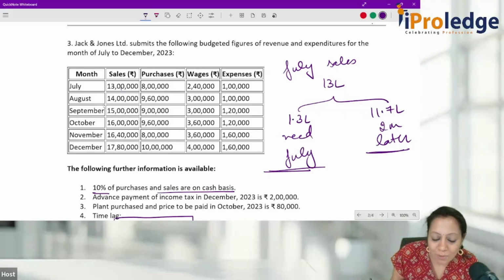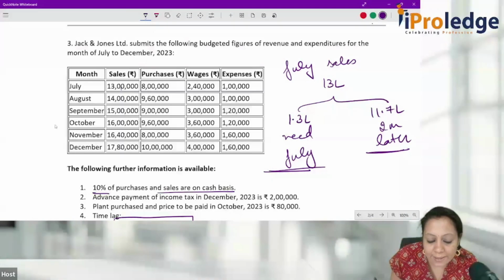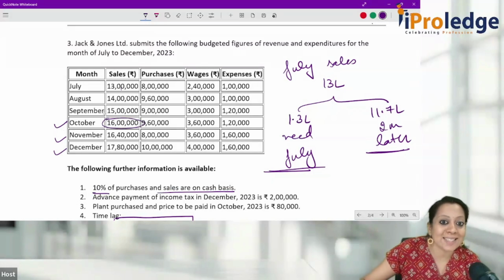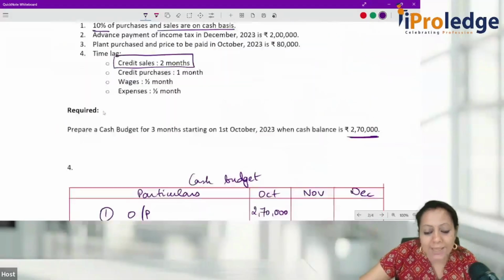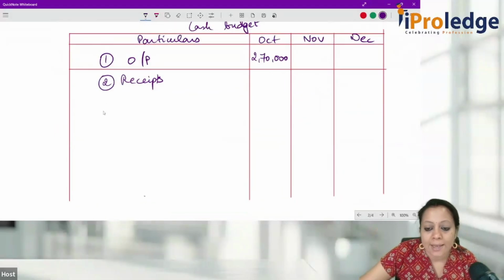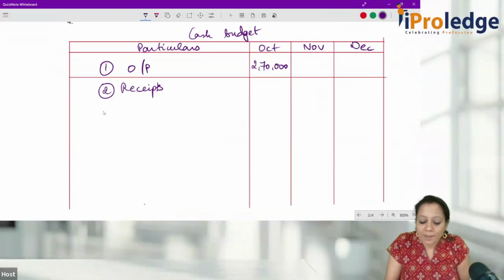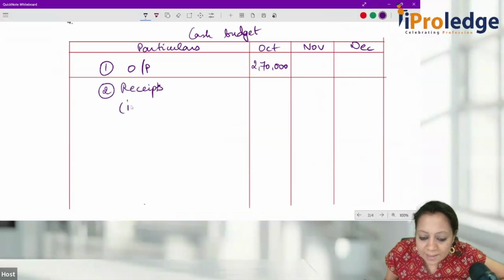Okay. So now we will proceed to, first we will take October, November and December. 10% of 16 lakhs will be received in October itself. No, cash sales. Right, ma'am. 10% of total sales is cash sales. So 10% of October sales will be received in October itself. So that is going to be, first I will write cash sales.